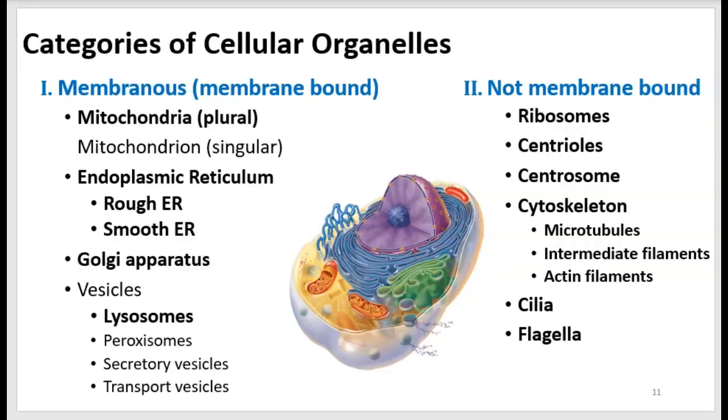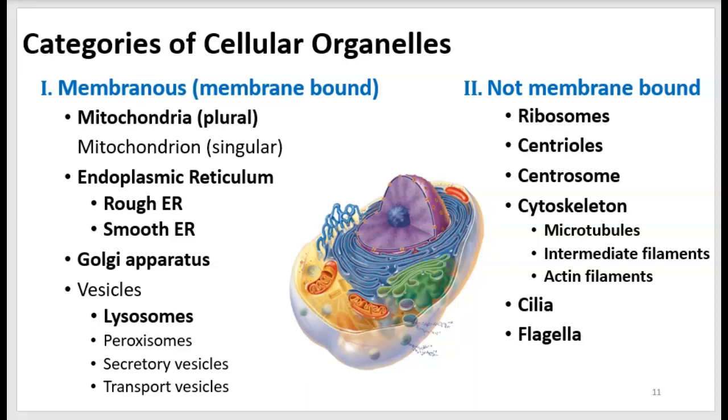So now let's look at the different types of organelles contained within the cytoplasm. There are two basic structural types. One is those that are membrane bound or membranous, and the second is those that are not membrane bound and instead are just aggregates of proteins or other molecules without a phospholipid membrane.